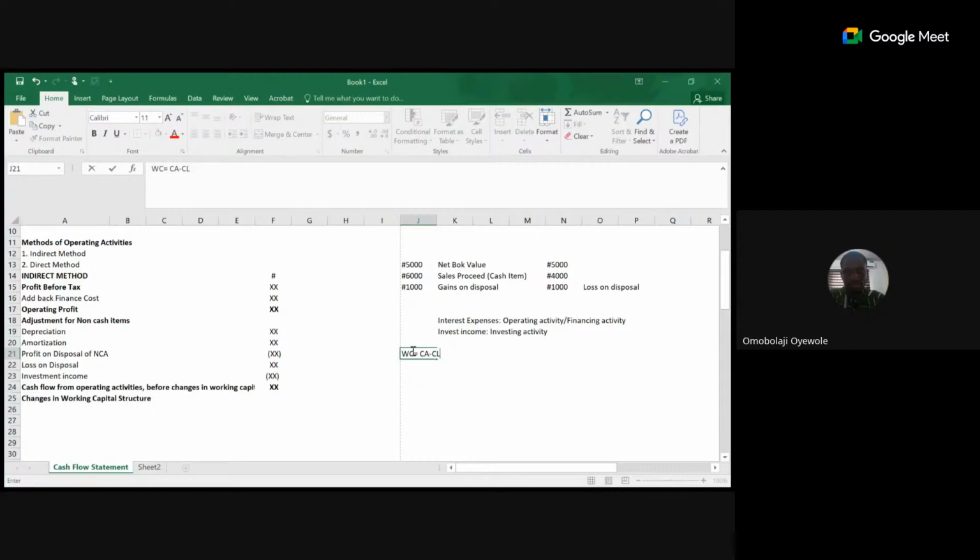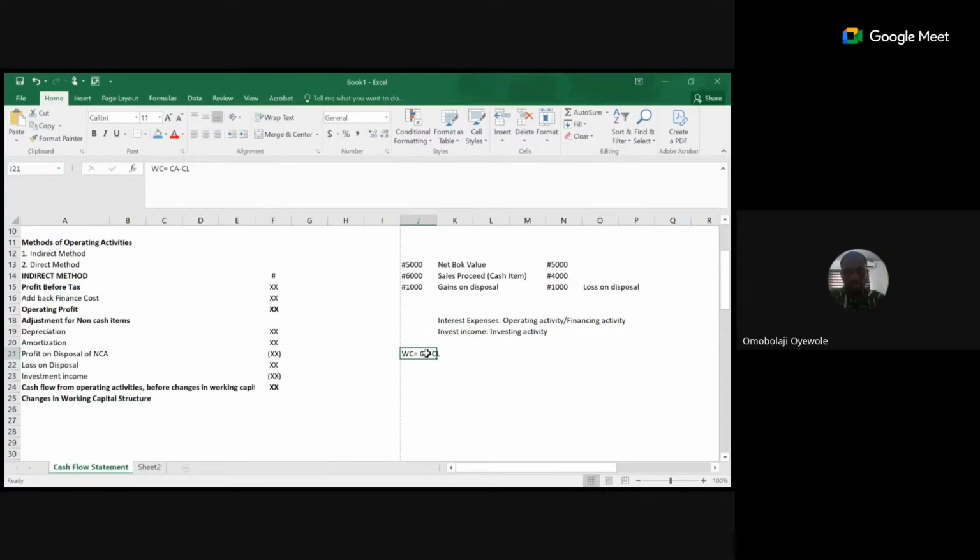One way or the other, working capital would have had an effect on your operation for the period, so we have to look into what those effects are.